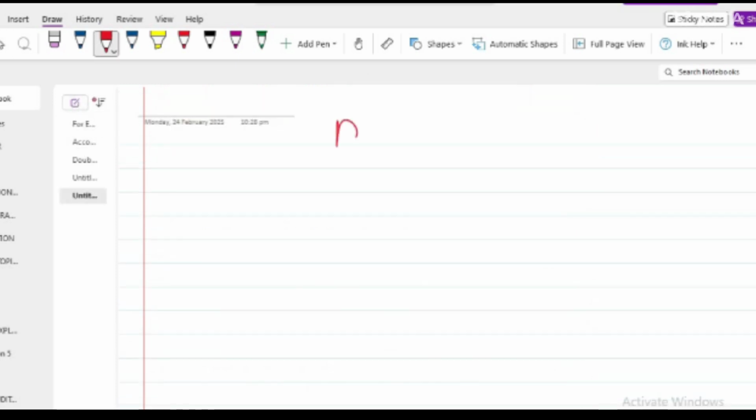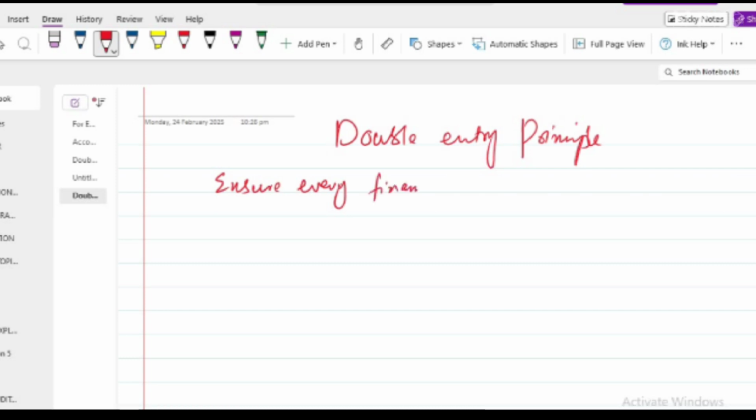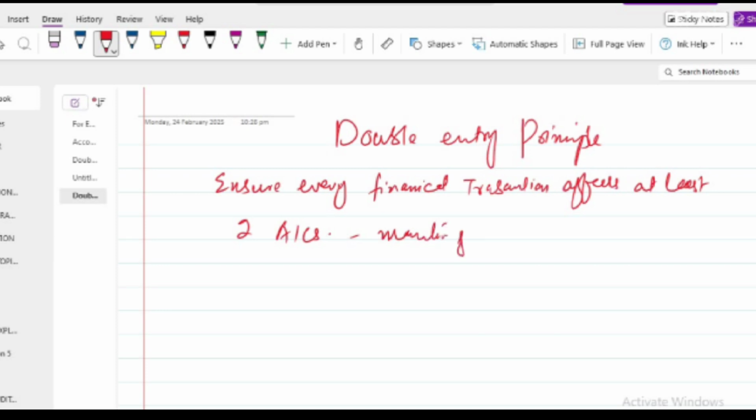Double entry is basically to ensure that every financial transaction affects at least two accounts, and this helps in maintaining the balance of the accounting equation that we have already studied.